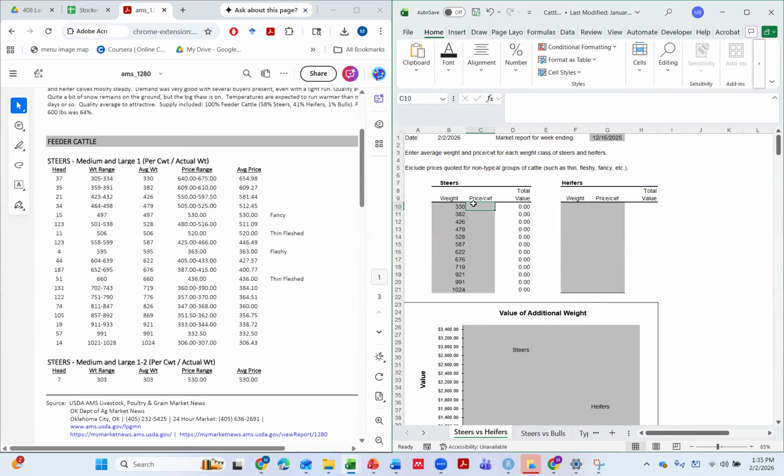All right. So this 330 weight average price was 654.98.